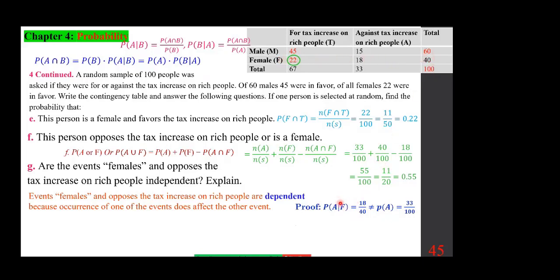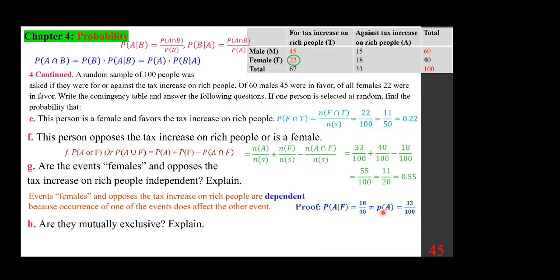How many A's? 18. So 18 over 40. I didn't even bother to reduce because I'm checking to see if it's equal to probability of A. The denominator is 100. A would be 33. These two numbers are not equal. Therefore, they are not independent. Independency means conditional probability, probability of A given F, is equal to marginal probability, probability of A. They are not independent.